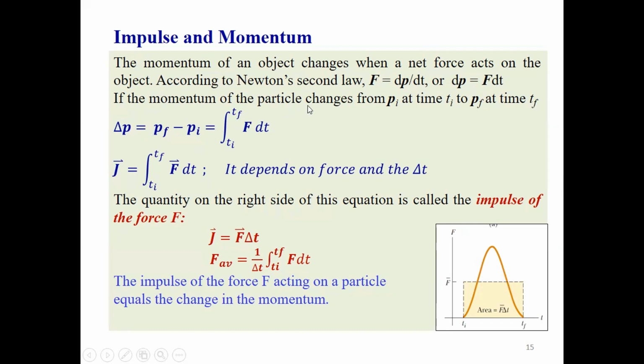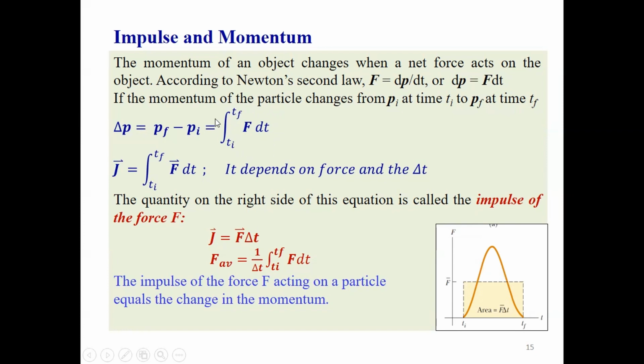So if the momentum of the particle changes from pi at time ti to pf at time tf, then delta p, the final momentum minus the initial momentum, is equal to the integral of this force with respect to time from ti to tf.